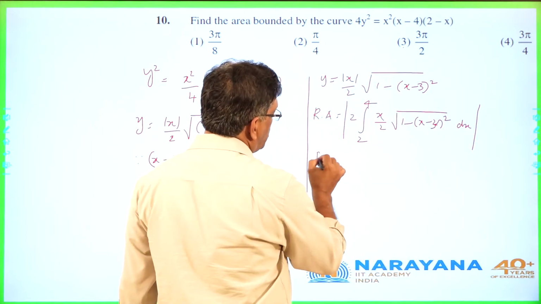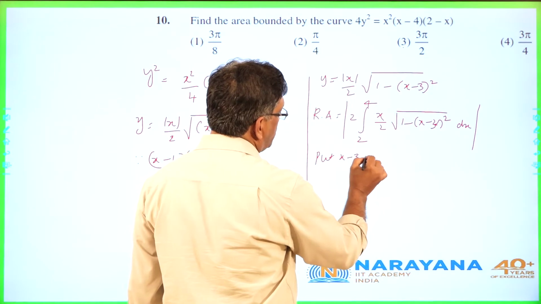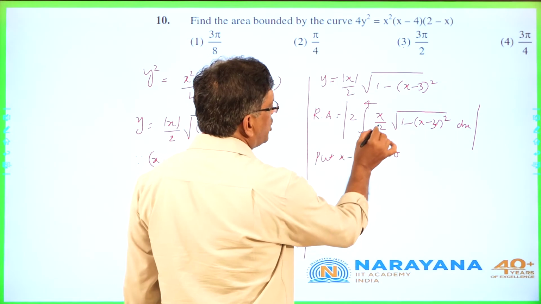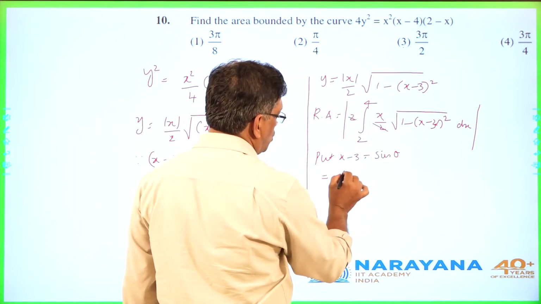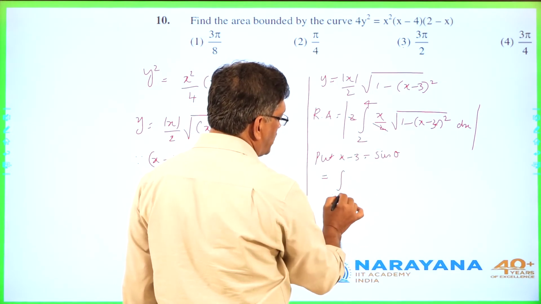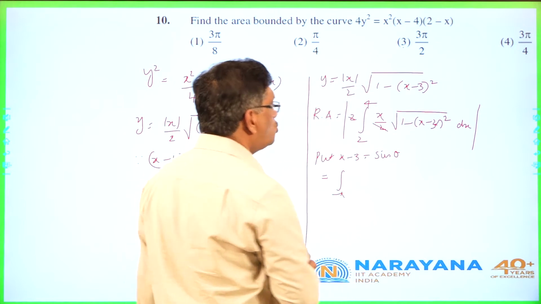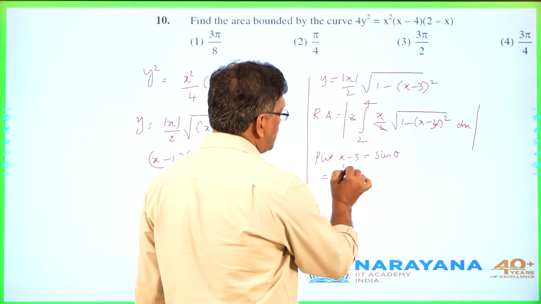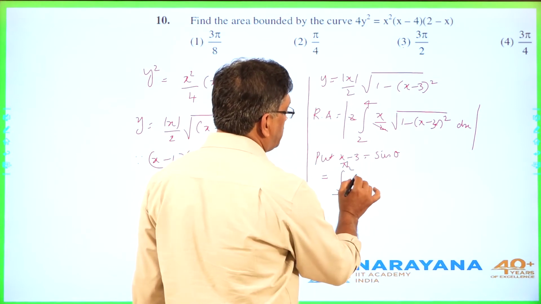So, clearly put x minus 3 equal to sin theta. Accordingly, change all these things. So, the lower limit is 2 minus 3, that is minus 1, so sin theta is minus 1, theta is minus pi by 2, and the upper limit is pi by 2.